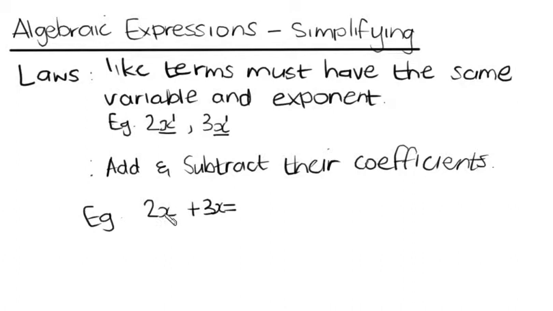So once I have that sorted, my variable stays the same and my exponent, the only thing that will change is my coefficient. So I'm going to add the coefficients with one another. So 2 plus 3 gives me positive 5, therefore leaving me with an answer of 5x.